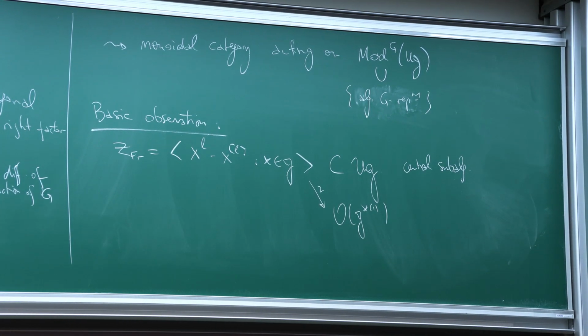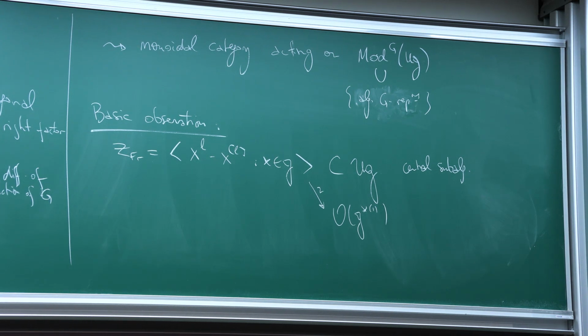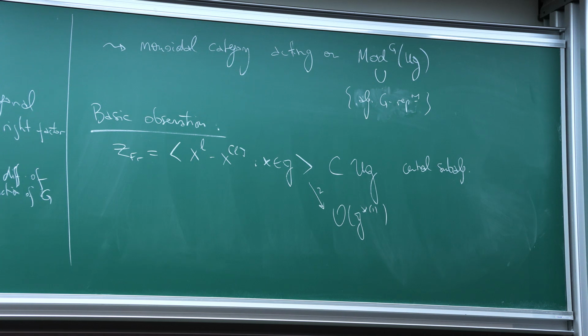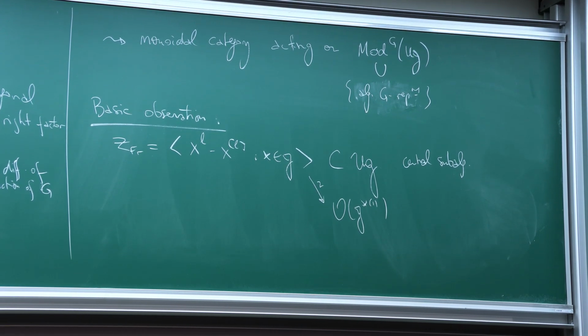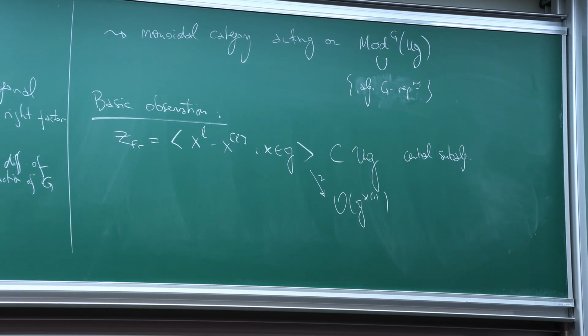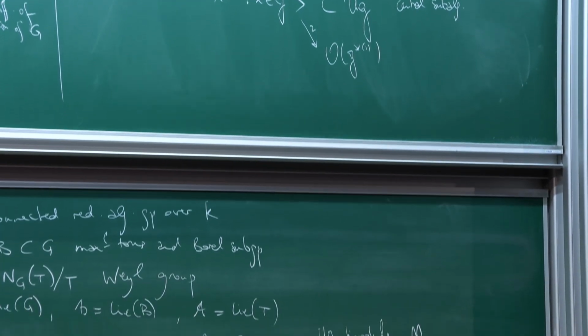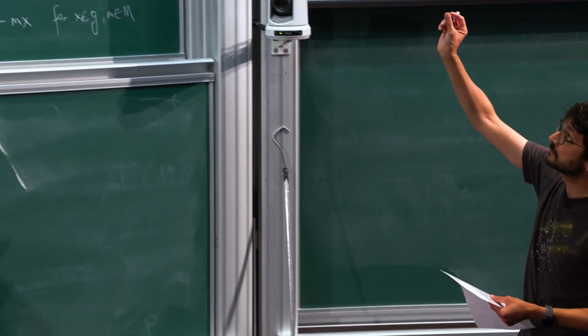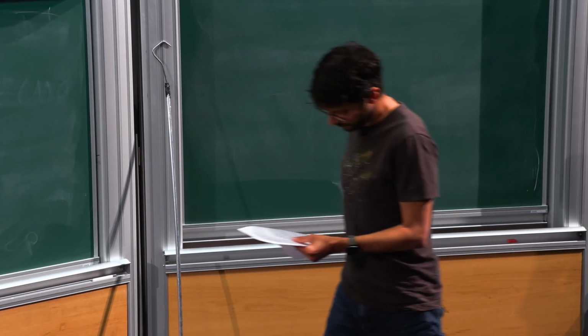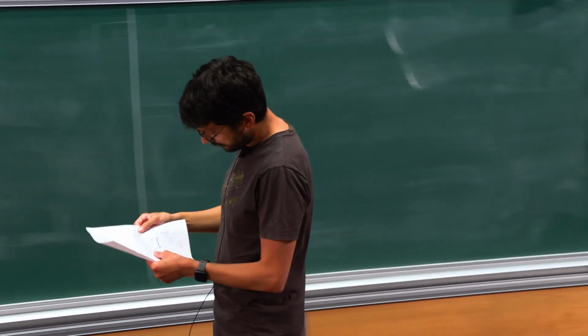So I have this central subalgebra, and whenever I have a module of UG which comes from a representation of G, this central subalgebra has to act through the trivial character, the character corresponding to the element 0 in the dual of the Lie algebra.